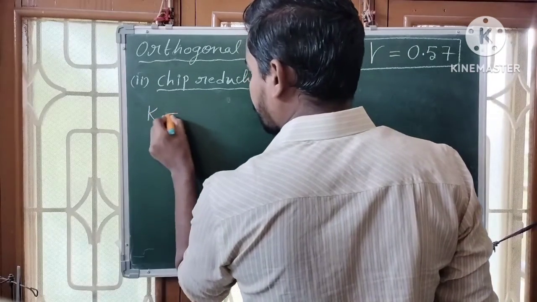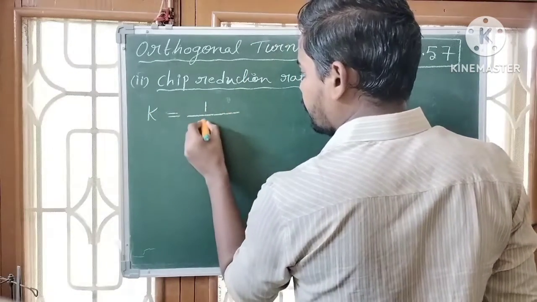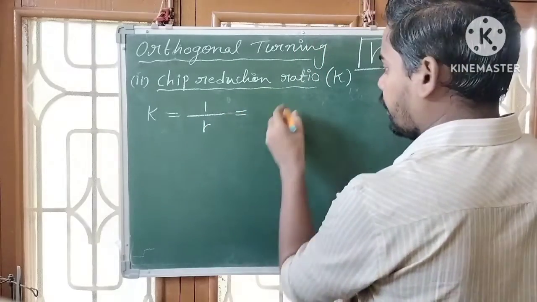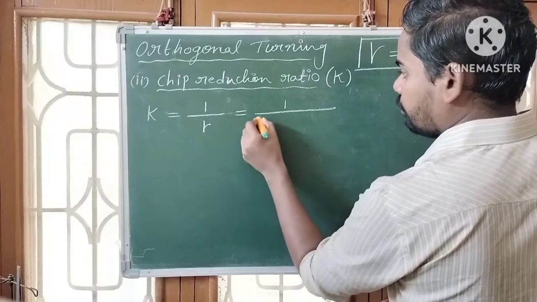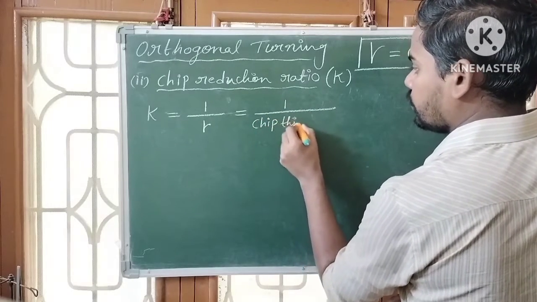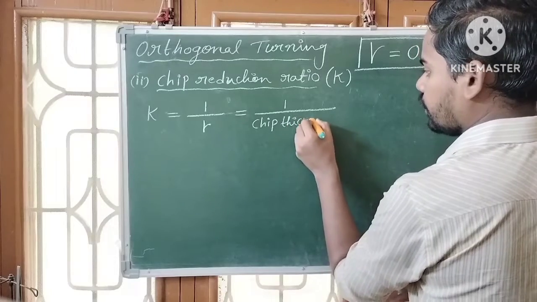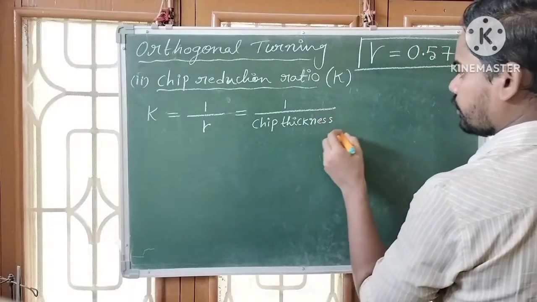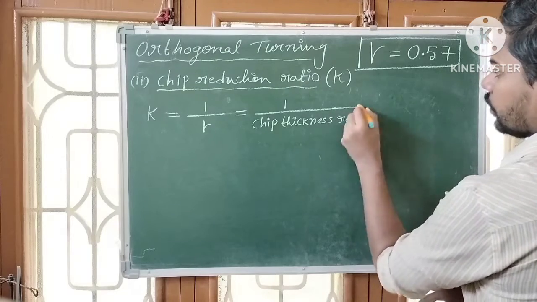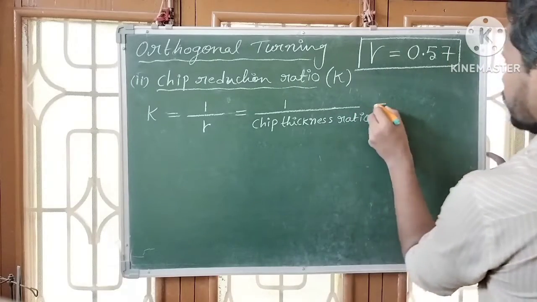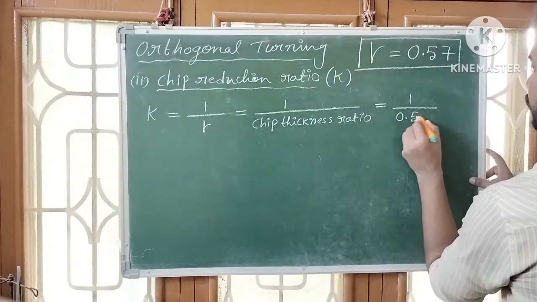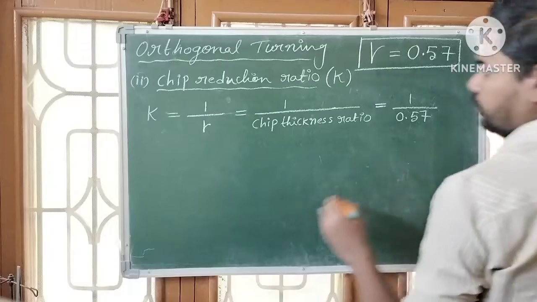So chip reduction ratio k is equal to 1 by R. R means chip thickness ratio. So the chip reduction ratio is the reciprocal of the chip thickness ratio. We have the chip thickness ratio 0.57, so 1 by 0.57.